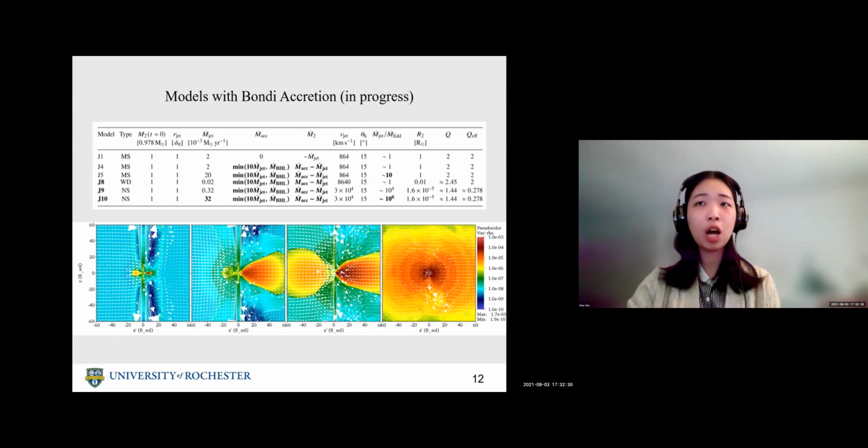And here in the snapshots, you see the density evolution in the same time sequence. At the early stage we see a very strong jet, but later on the jet gets quenched, because our accretion is very strong.